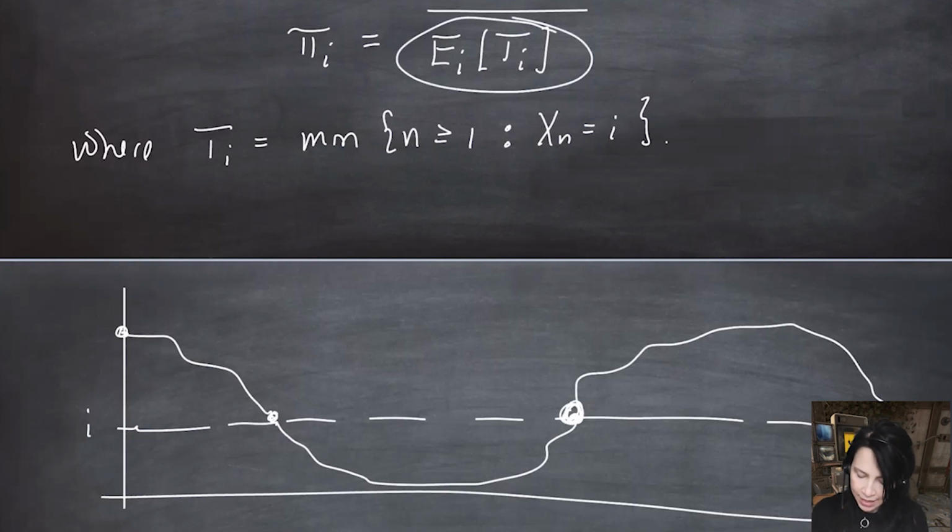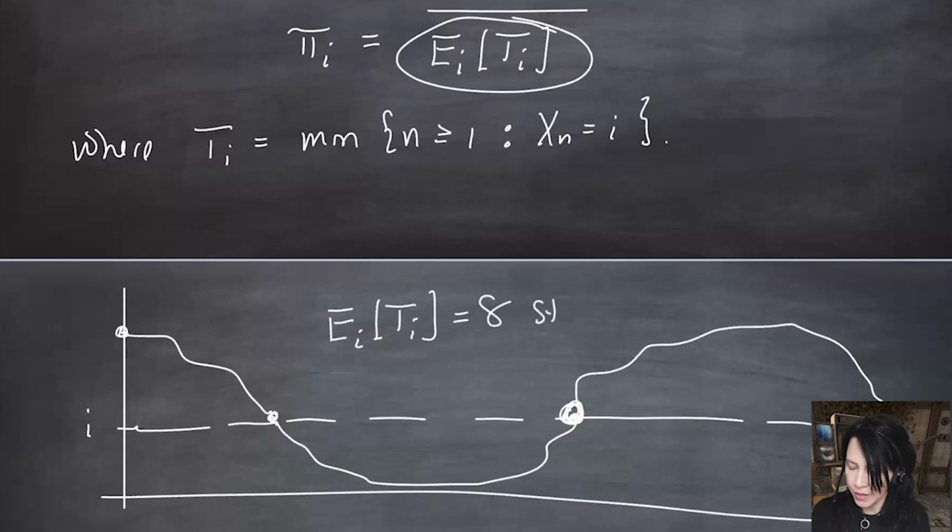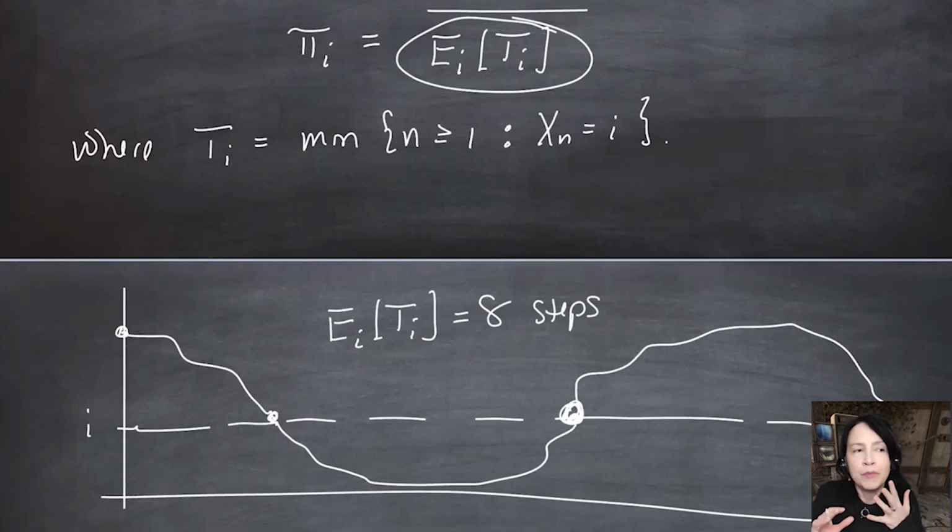So if the expected return time to state i starting from i was maybe 8 steps, then in the long run, once you eventually hit it and you keep coming back on average every 8 steps, as you reach this sort of equilibrium, you expect to be there about 1/8 of the time.